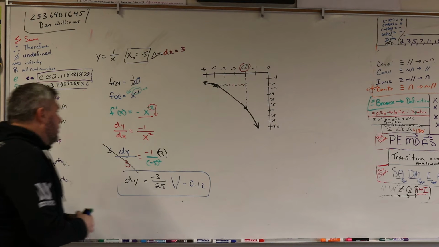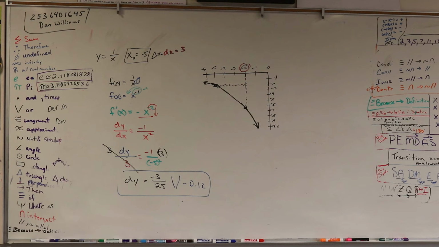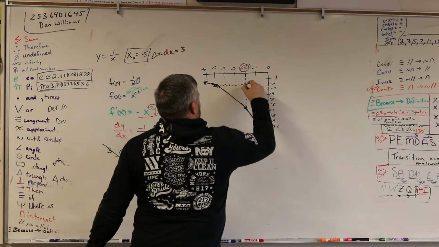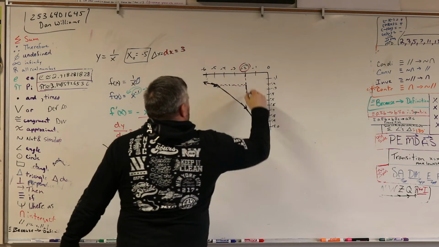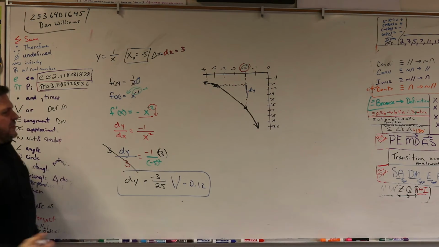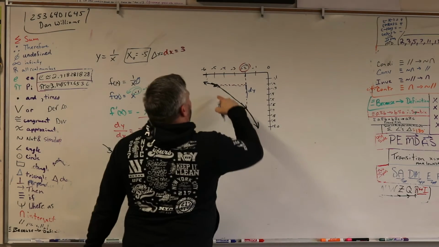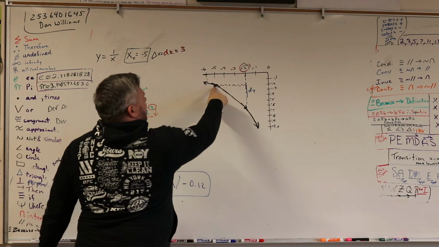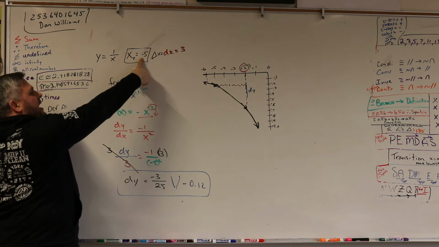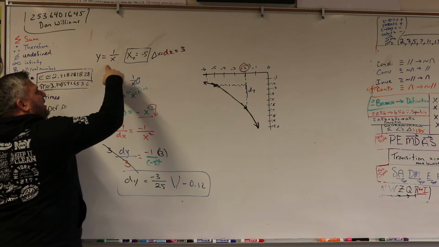Okay? Cool. So now we know how much we're changing, right? So that's what this part is, right here. So how far are we changing? We're changing dy. So we're changing by 0.12. If I come down now, when I'm talking about here at negative 5, I plug that in.